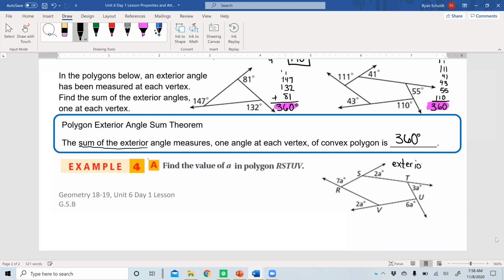And if we add up all the exterior angles, what should they add to? 360. So let's add them up. 7A plus 2A plus 3A plus 6A plus 2A equals 360.